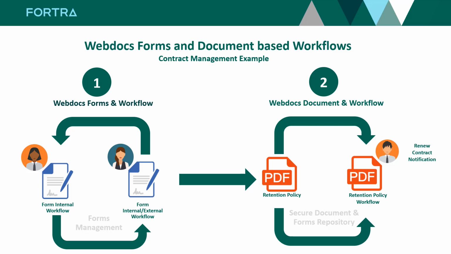So in this example, this is a contract process, where a contract is being processed through the system on the form side of things, and then after it's completed, a PDF is created of it, and then it goes into the repository for its retention period, and even through a review process inside of the system. There could be a renewal process that happens after the retention is hit, so we can push that document into someone's workflow in-basket to be notified of something that needs to be done after a certain amount of time.